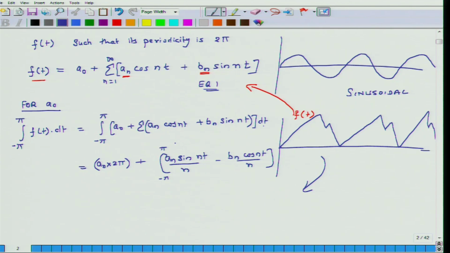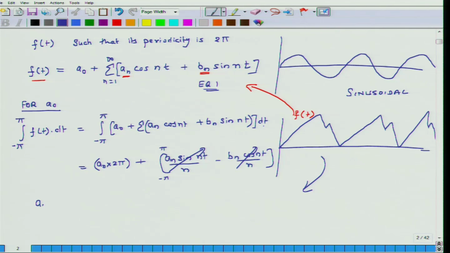So when I calculate the value of this thing in the limits minus pi to pi, sine when t is pi, and n is always an integer, this term is always 0. And when t is pi or minus pi, it's an even function, so when I take the difference, this is always 0.